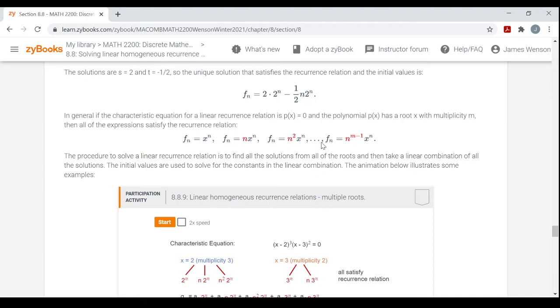And this gives me a total of m different solutions coming from that root. But you just keep throwing in powers of n until you get that number of solutions with that root.